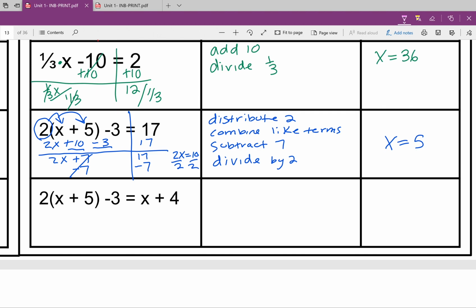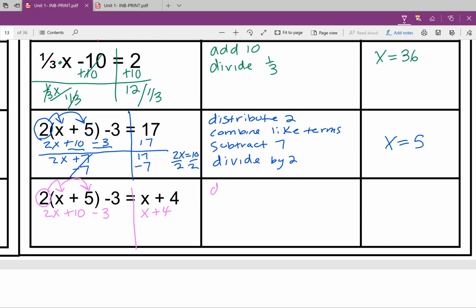The first step in the last one, since we have parentheses, is to distribute this 2. So exactly like what we did on the third example. So I have 2 times x, which is 2x, and 2 times 5, which is 10. I'm going to bring down the negative 3, and I'm going to bring down the x plus 4.